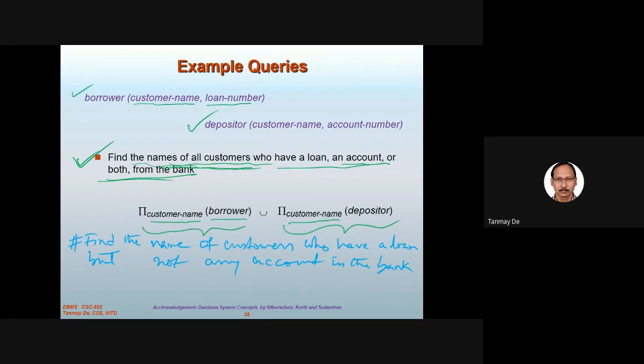In the previous query, we wanted customers who have a loan, an account, or both. But here I want the list of customers who have a loan but not any account in the bank. So what do we write?